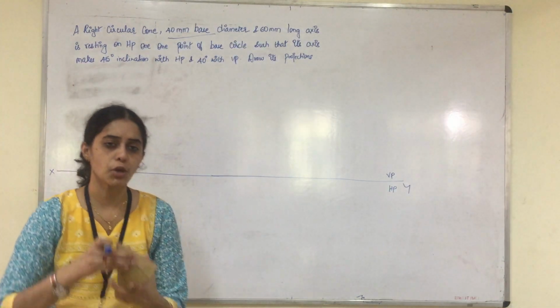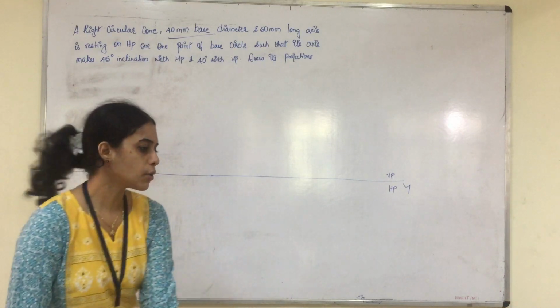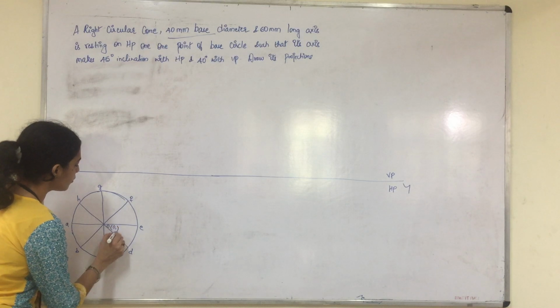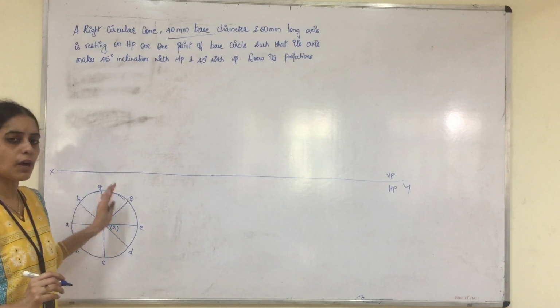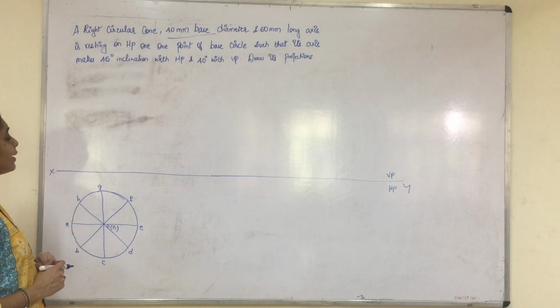When you view from the top, center O will be visible and O1 will be hidden, so write O outside the bracket and O1 within the bracket. Now we have completed the true shape of the top view of the given circular cone.